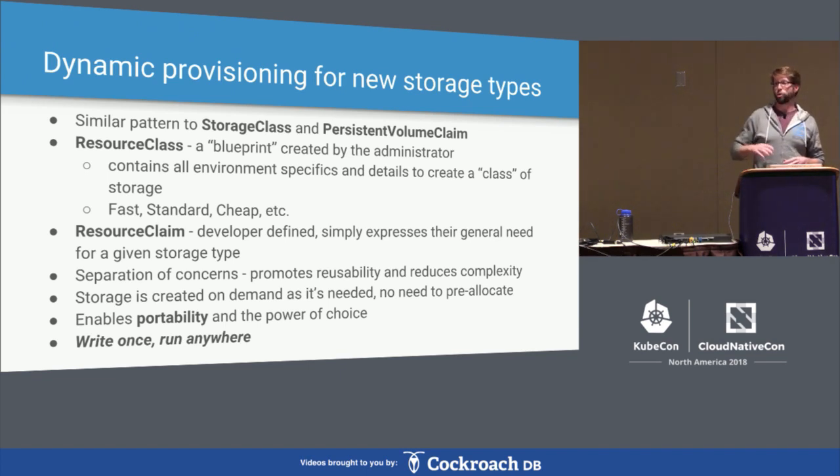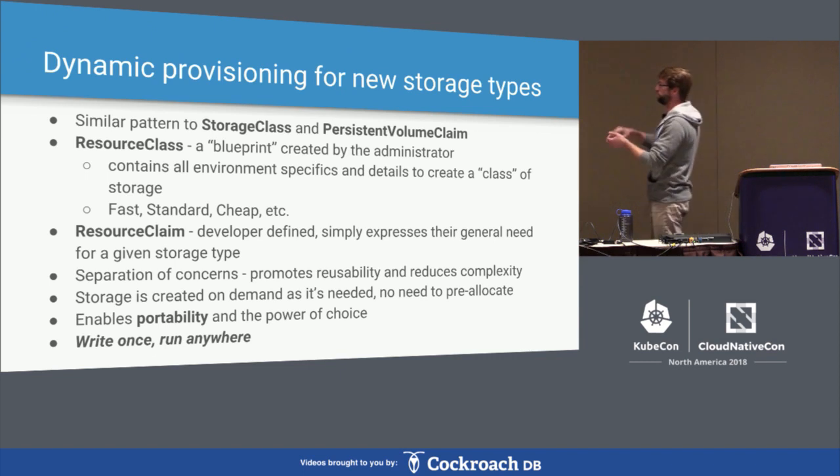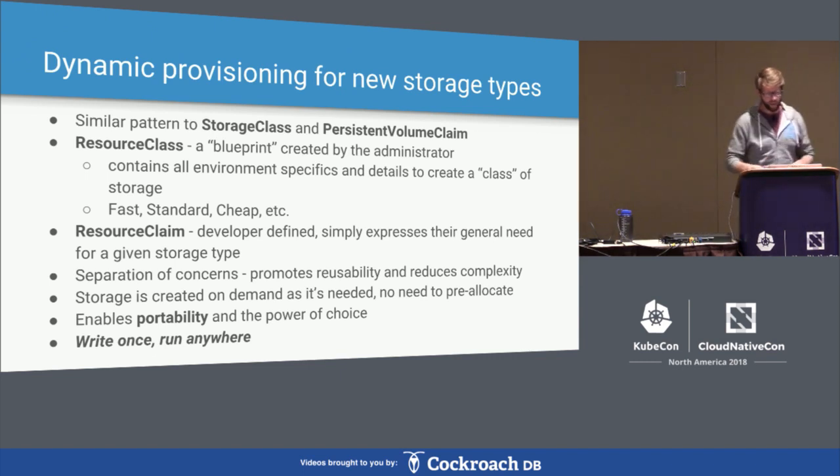But this is now something you can use for all sorts of types of resources: databases, message queues, buckets, all sorts of stuff. A resource class is a blueprint that the admin creates that specifies how storage should be created in an environment, with all sorts of environment details and specifics.